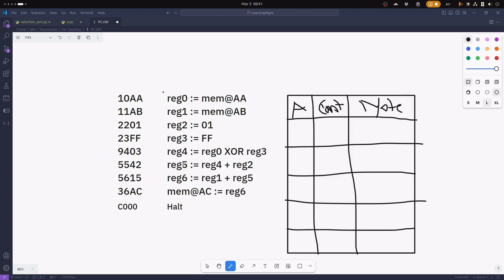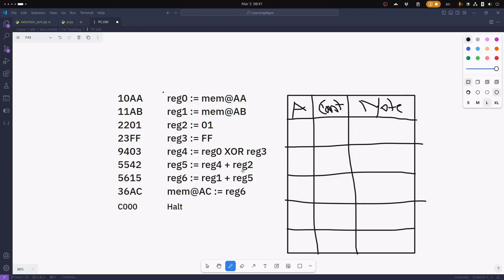See what value we put in register 5: the value of register 4, which is the flipped value, and the value of register 2, which means here 1, right? So we flipped, and with the flipped value we added 1.